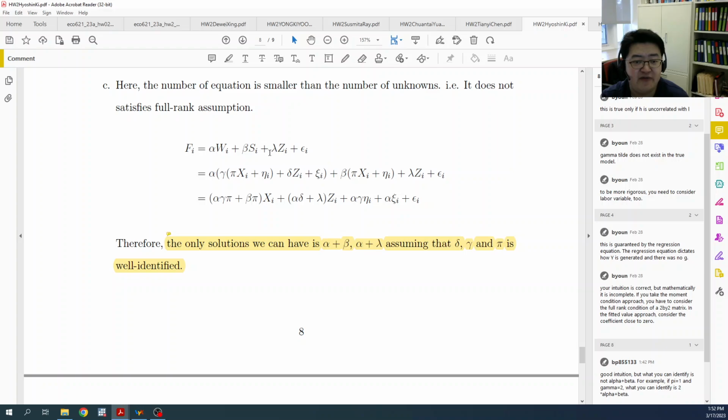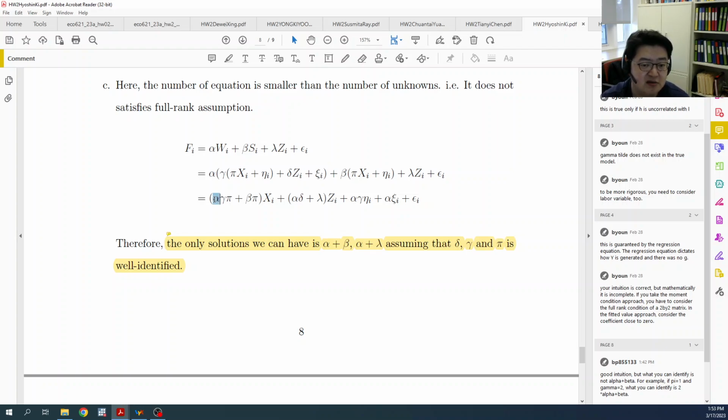So if you plug in the things, then you have these two coefficients on exogenous variables. But, you know, delta, gamma, pi can be identified from the first 2 stages.